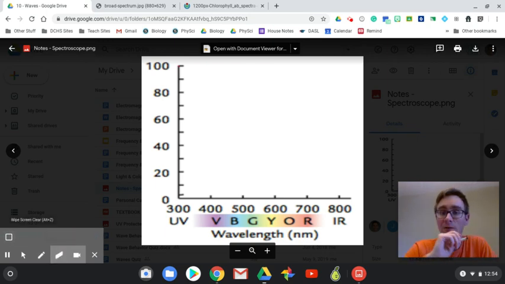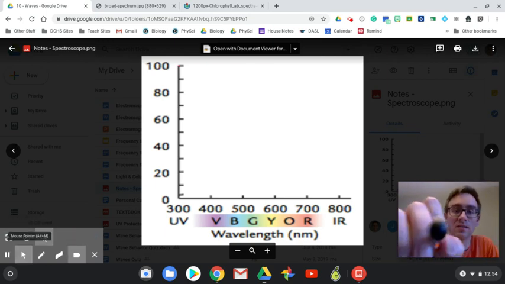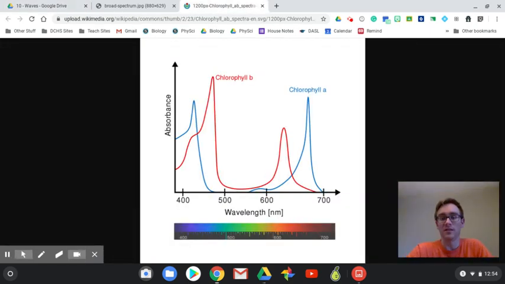Another way we can look at a real example, instead of me just talking about it, is this example of chlorophyll. Chlorophyll is a molecule you find in plant cells that absorbs light so they can do photosynthesis. But there are two different types of molecules. Because this is a complicated topic, the kind of question I would ask is, for chlorophyll A, what color is it likely to be absorbing?